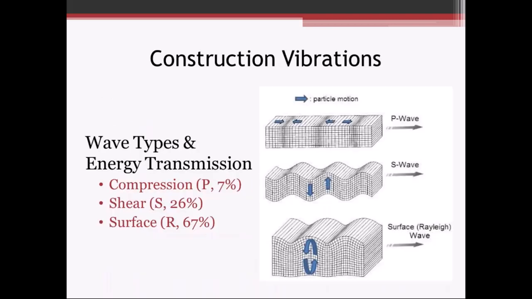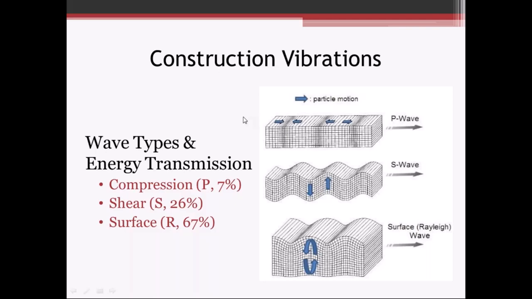So, construction vibrations. I'm going to use my mouse here to point out some things since I don't have a laser pointer. Different wave types and energy transmission. So we've got compression waves, those are P waves. There's some compression and tension with those waves. You can see some tension in here and compression in here.